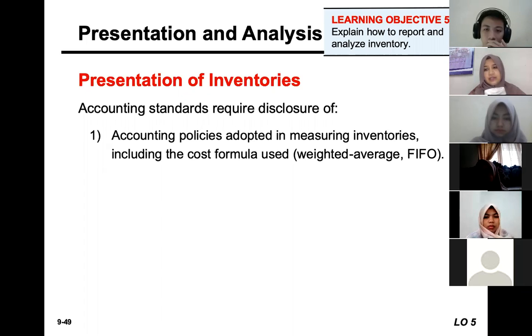LIFO is not allowed under IFRS, okay? But LIFO is allowed in the United States. Why LIFO is not allowed? Still remember, I think I mentioned it before. Because? Anyone?